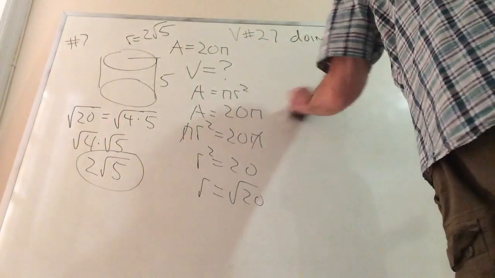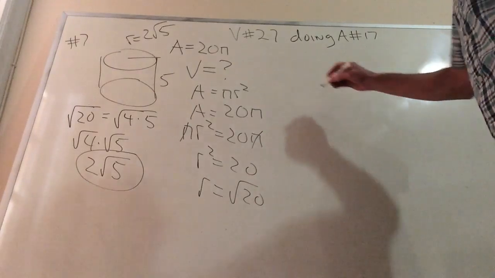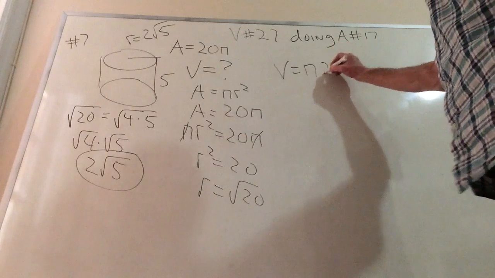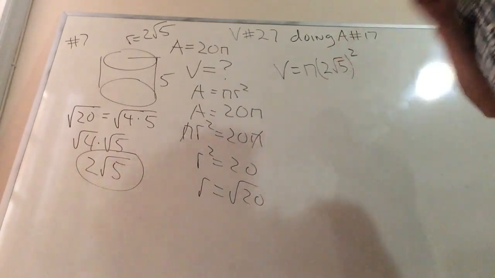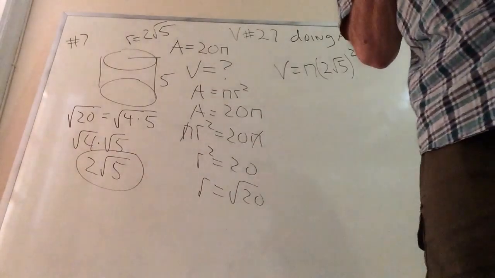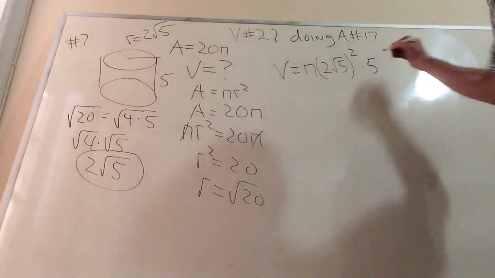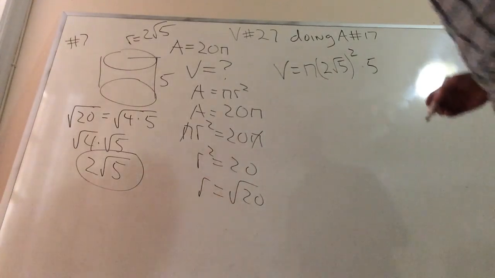I turn my attention over here, and V equals pi, 2 radical 5, that's the radius, squared. Oh my God, that's the first time we're squaring one of these little buggers, times the height, which is 5.